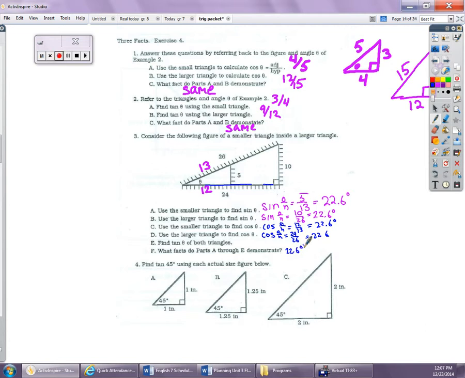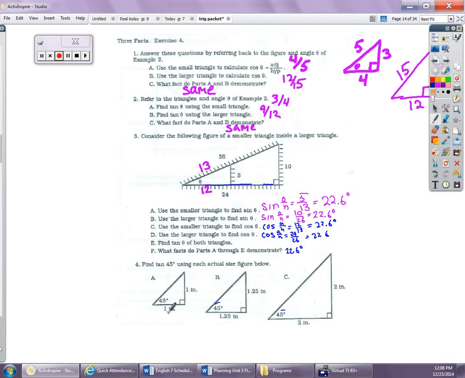So finding tan 45, what we want to do here is find tangent 45 using each actual size figure. Now what you should notice, see how these are 45 degrees, 45 degrees, 45 degrees.